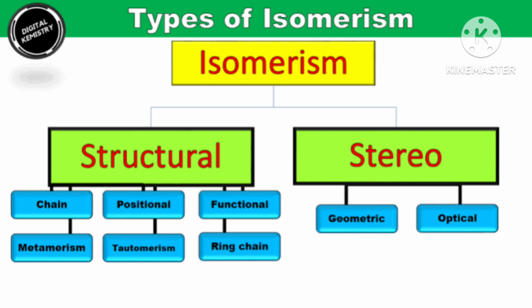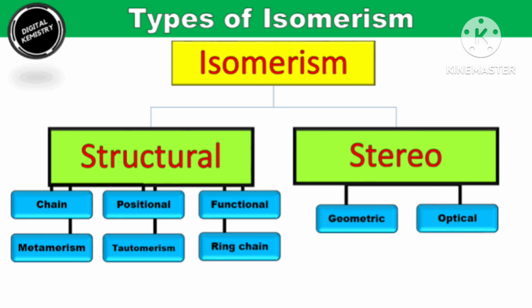Now I am telling you a flow chart of isomerism. Isomerism is mainly divided into two parts. First is structural isomerism, and the other is stereoisomerism.